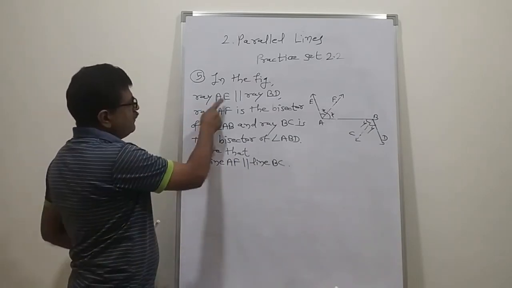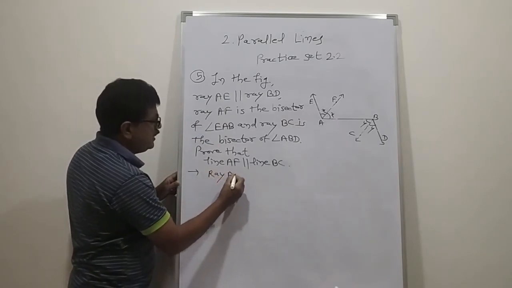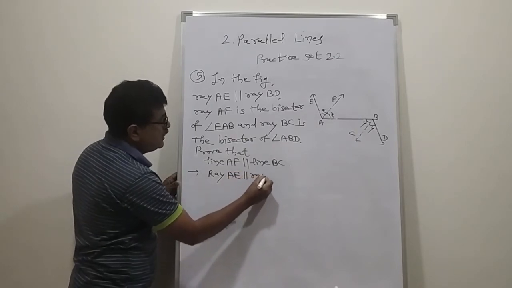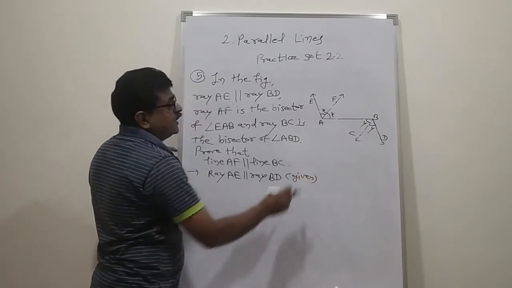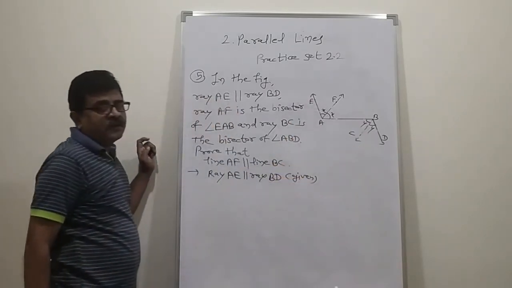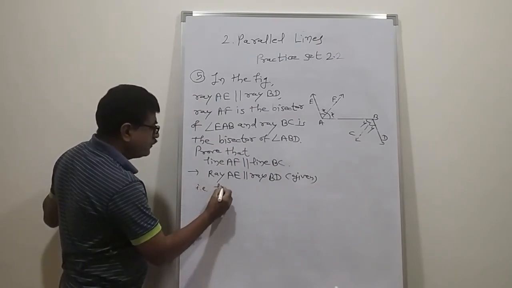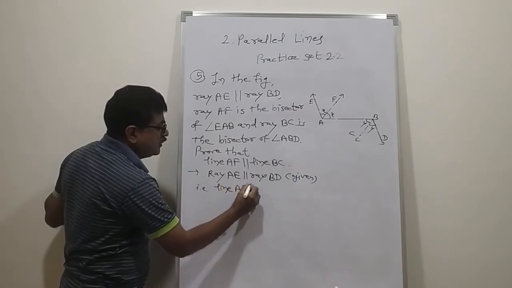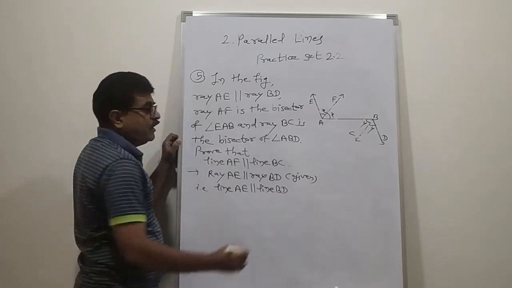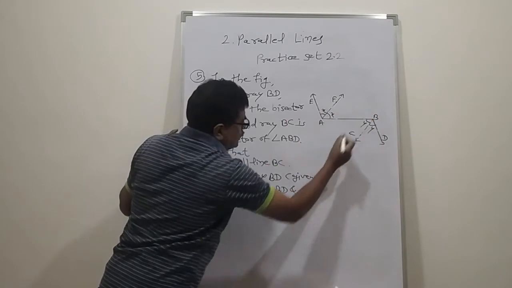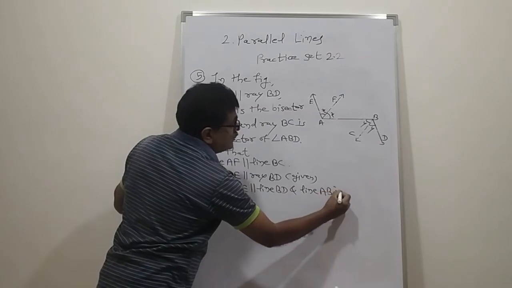Now first write down the given. Ray AE is parallel to ray BD. That is, line AE is parallel to line BD, and line AB is its transversal.